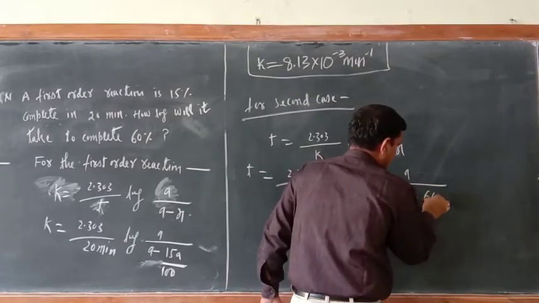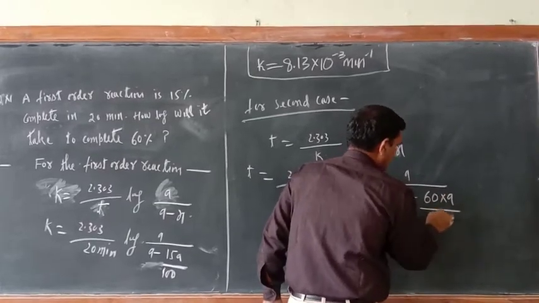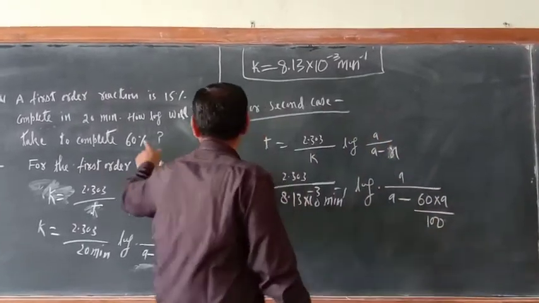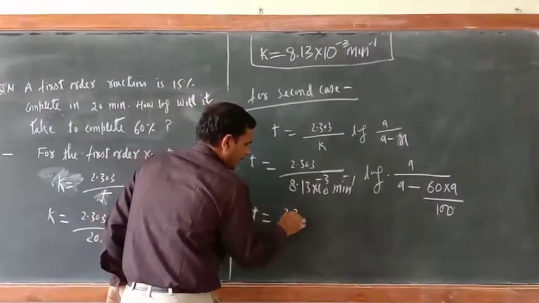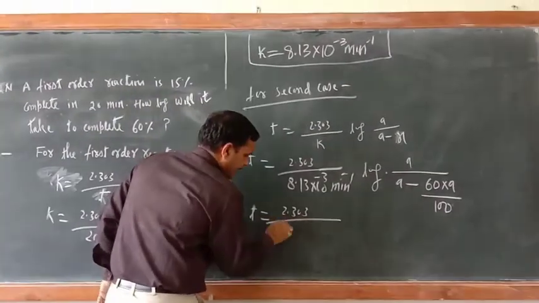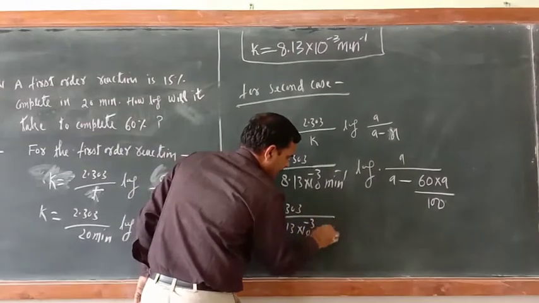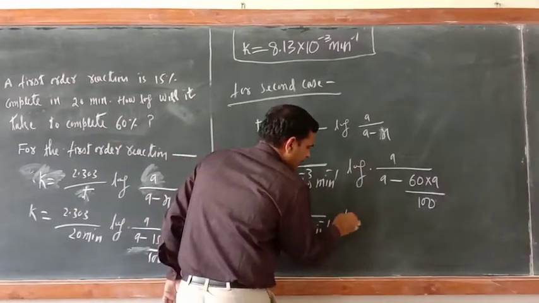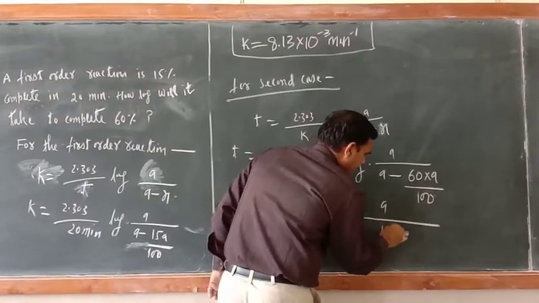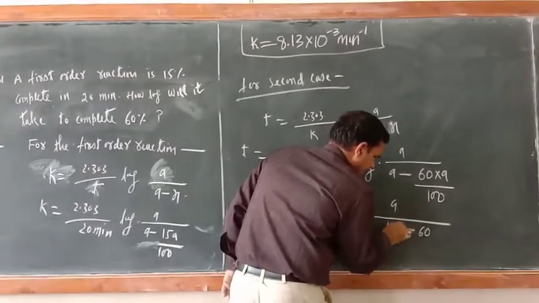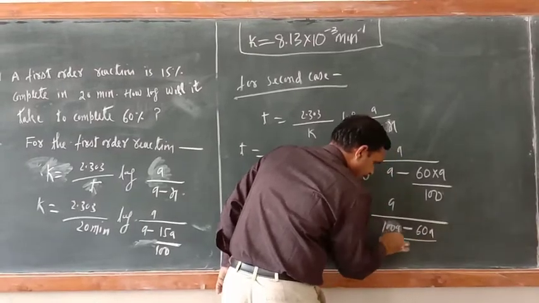So 60 into a divided by 100, because it is 60%. So t equal to 2.303 divided by 8.13 into 10 raised to the power minus 3 minute inverse. Here log a divided by 100a minus 60a divided by 100.